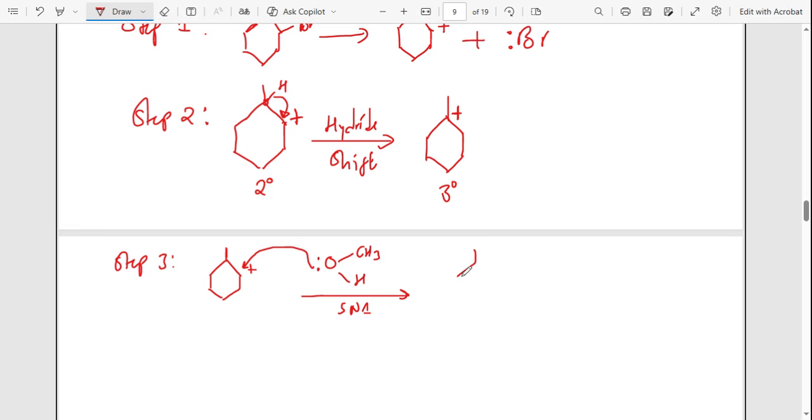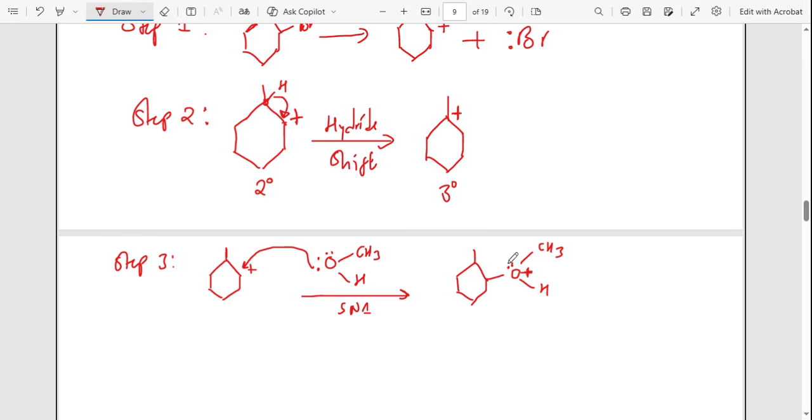What you are going to form is this: oxygen has attached, with CH3 and a hydrogen. This oxygen has one lone pair because it had two. When oxygen has three things around it with a lone pair, it carries a positive charge.